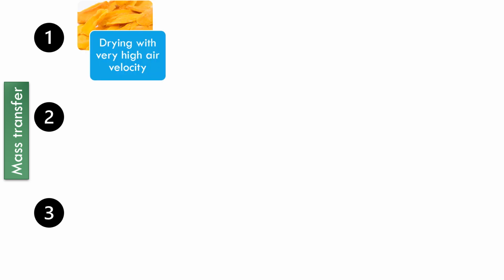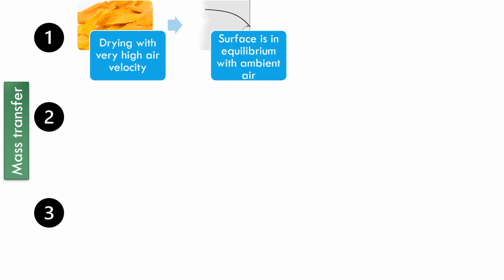Okay, so the first one is, instead of temperature given on the surface, we have some concentration given on the surface. So let's say we are drying with a very high air velocity. If it's drying with very high air velocity, it can maintain the surface at the condition in equilibrium with the air, which means it can always maintain that surface condition.